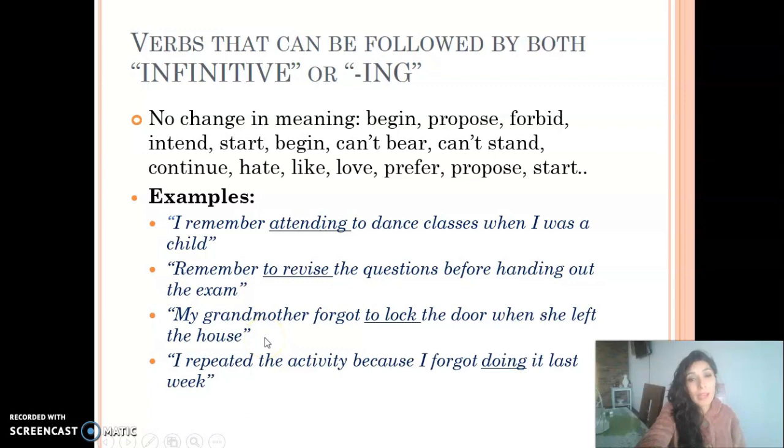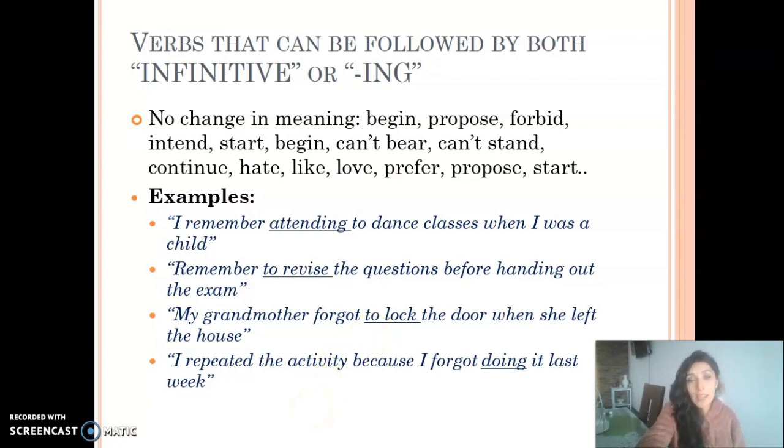Also, my grandmother forgot to lock the door when she left the house. It's okay to use also a gerund instead of the infinitive form, in this case, to lock. My grandmother forgot locking the door when she left the house. It has the same meaning, it doesn't change. I repeated the activity because I forgot doing it last week.